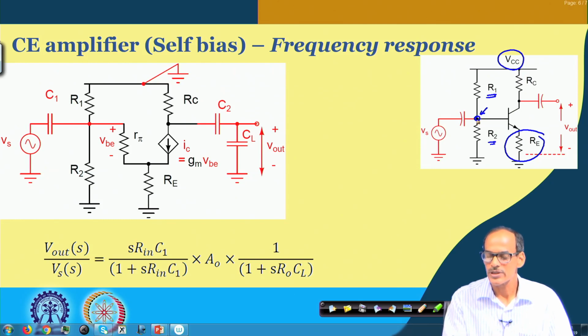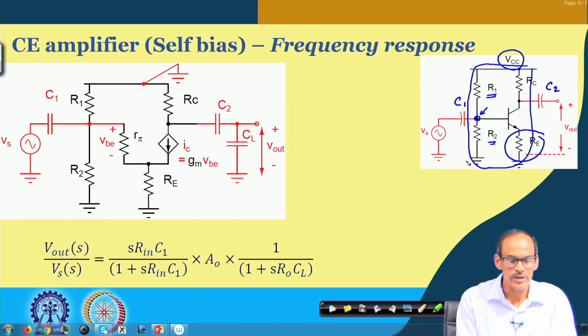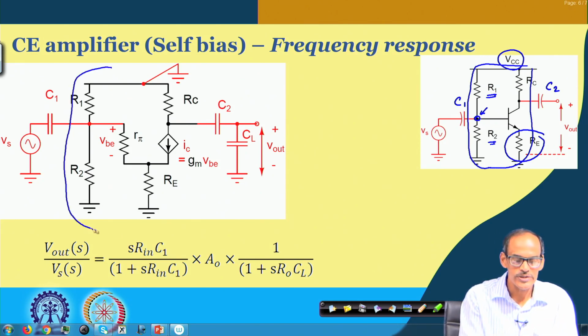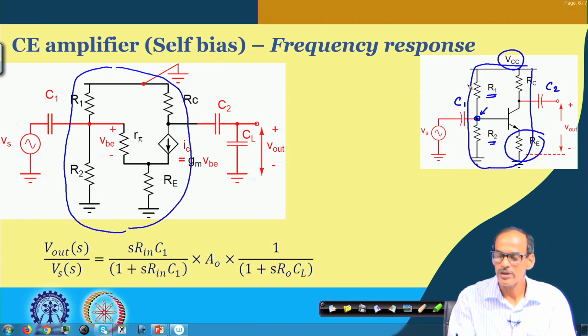The signal comes in through the signal coupling capacitor C1, and at the output we have C2. If we consider the core portion and its small signal equivalent circuit, it is given here. This is the small signal equivalent circuit coming from the CE part.